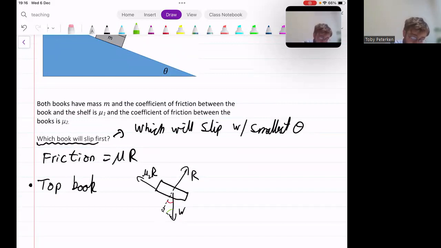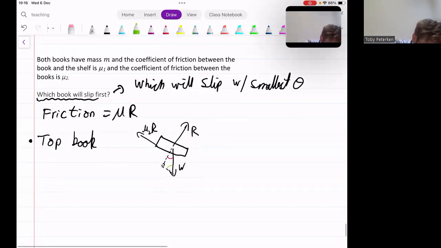Would all of the weight be parallel or perpendicular to the shelf? All of the weight would be perpendicular, directly into the shelf. So as theta goes to 0, this red angle would also go to 0, because the weight would go directly through the shelf. And so it's the red angle that is theta, not the green one.